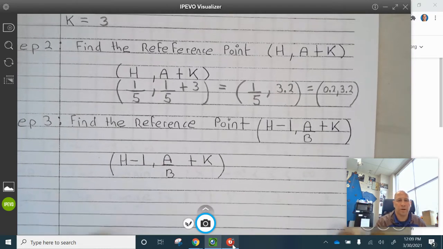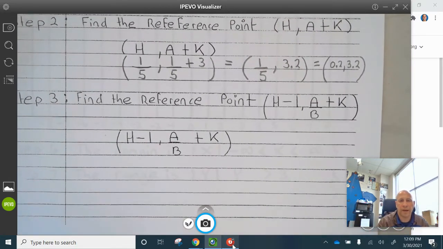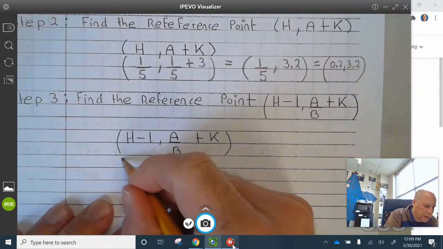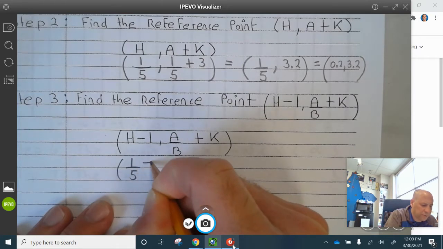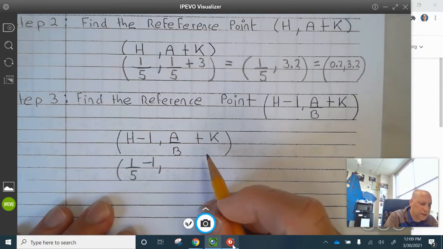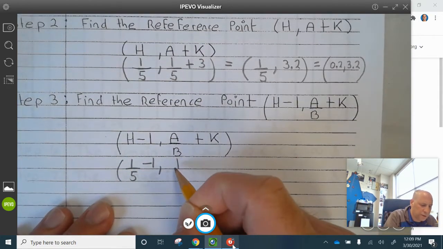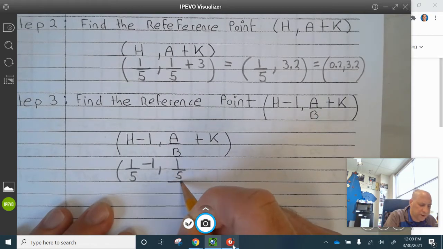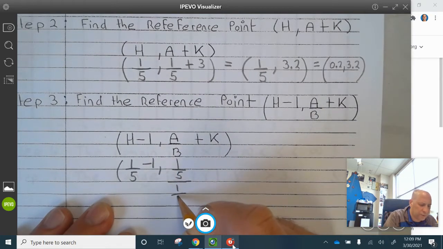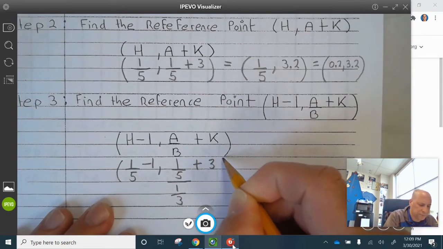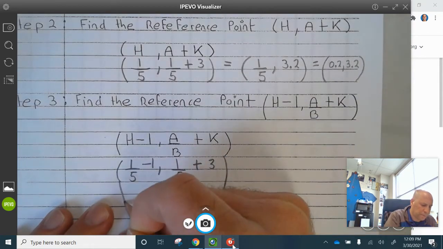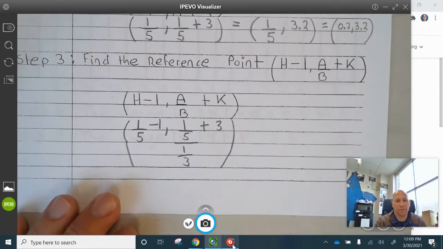All right. Now, find the reference point h minus 1, comma a divided by b plus k. So h is 1/5 minus 1, comma a, which is 1/5, divided by b, which is 1/3, plus k, which is 3. Okay, so let's go ahead and get the decimal for that point.